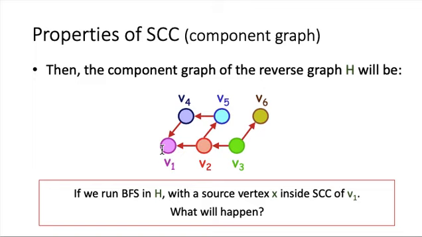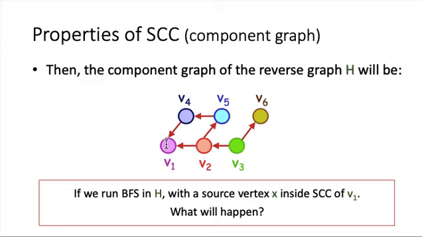Now suppose that we pick a vertex, let's call it X, inside this group of vertices of V1 and then run BFS on the original graph H. So H here, this is the component graph of H. So expand this as a group of vertices and then run BFS on this vertex X in H.